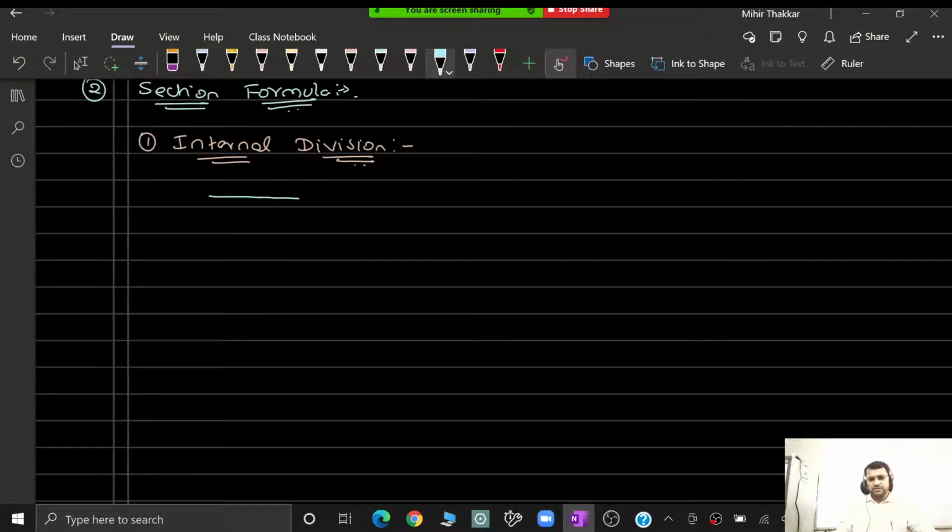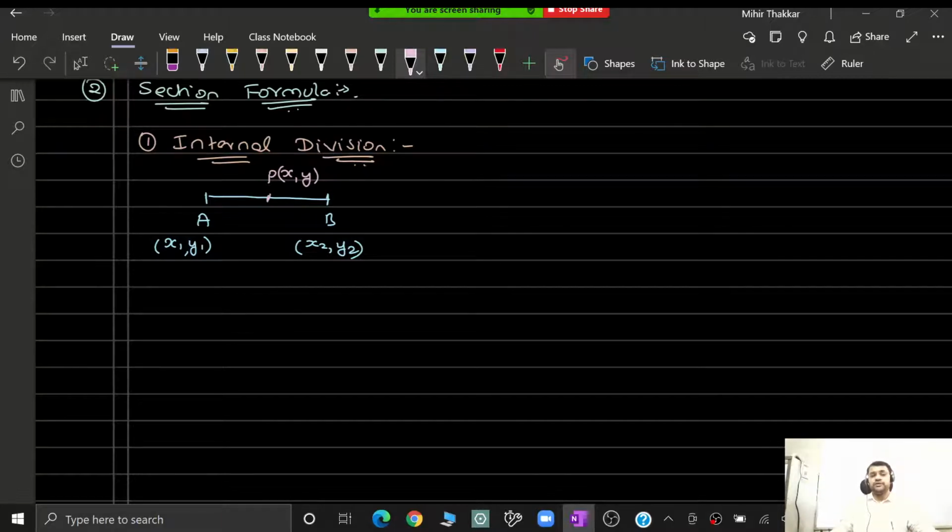Again, let me consider a segment AB. A obviously, as usual, has coordinates (x1, y1). B has coordinates (x2, y2). And I have a point P somewhere in between A and B having the coordinates (x, y).